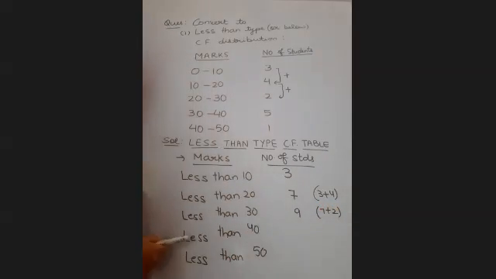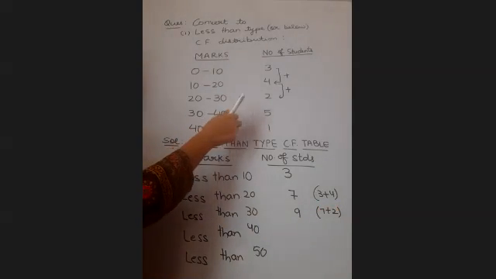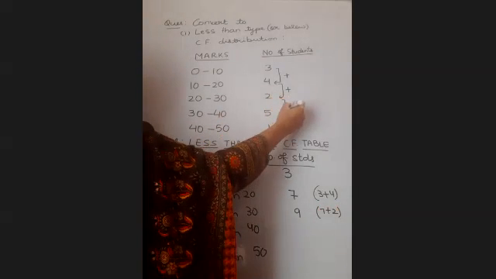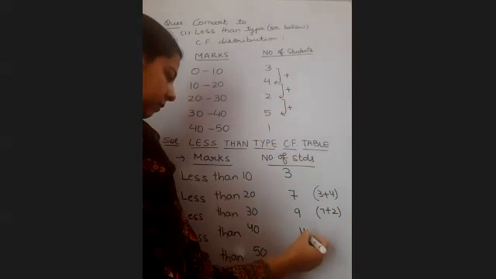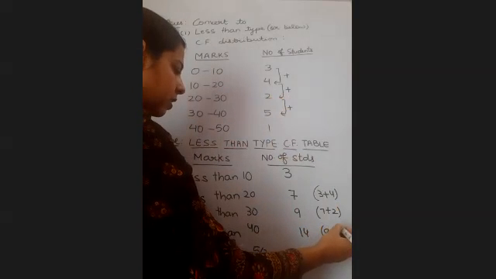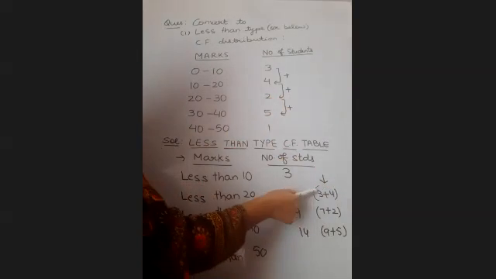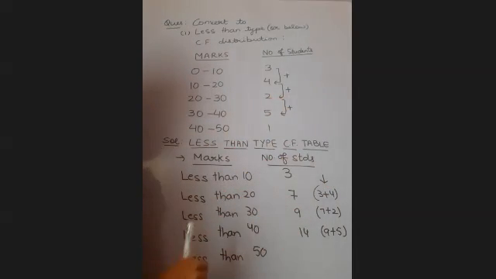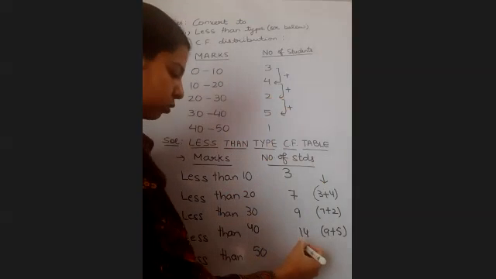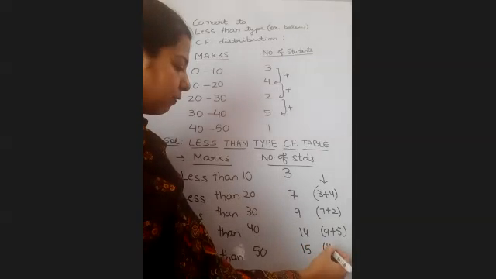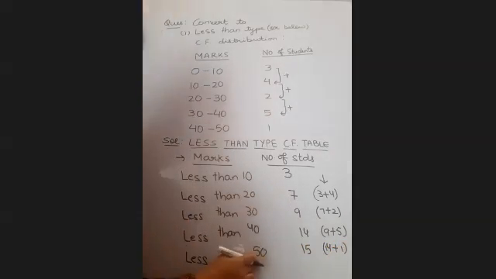How many students have got less than 40? 14. है ना? This is not mandatory to write, beta. I'm just writing for your understanding. And how many students have got less than 50 marks? 15. All the students have got marks less than 50.